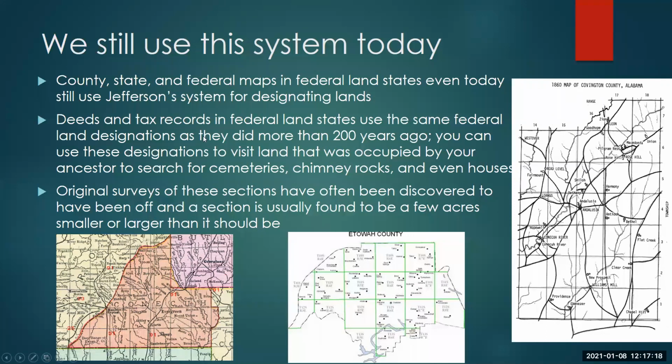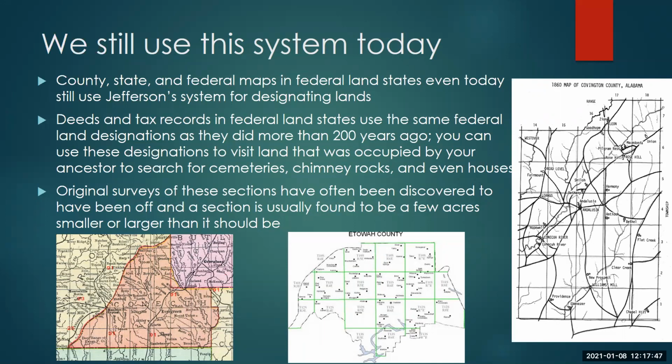Okay, the deed records and the tax records in federal land states still use this federal land designation, just like they did 200 years ago. And now, each of these quarter sections, that is a quarter of a section, is supposed to be 40 acres. Often they are not. The reason is that the surveying back then was very difficult, and often surveyors made mistakes.